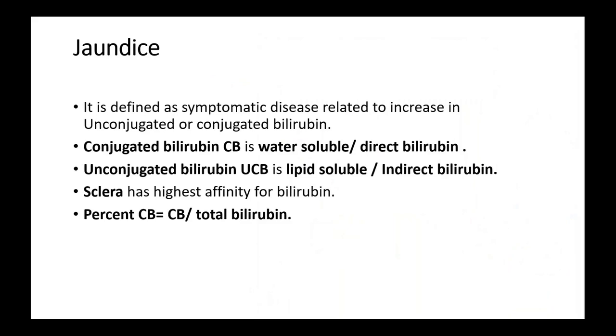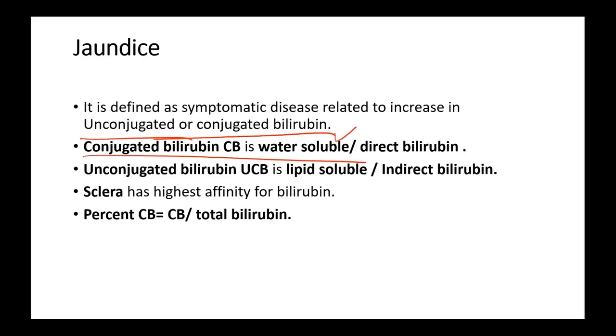Now, how does jaundice occur? If you remember this pathway, you can easily understand jaundice. It's a symptomatic disease which is caused by an increase in unconjugated or conjugated bilirubin. Conjugated bilirubin, which is produced in the liver, is water soluble.